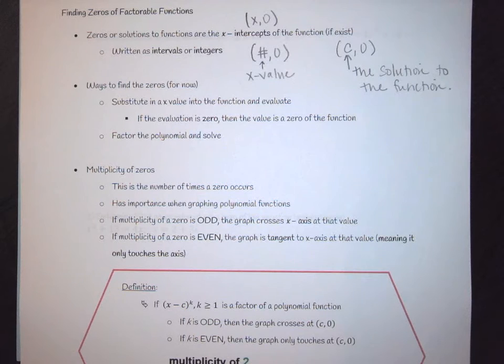So when we're talking about substituting, again, we're essentially talking about any random value, and as long as the function equals 0, then you can claim that that value was a solution. Okay.